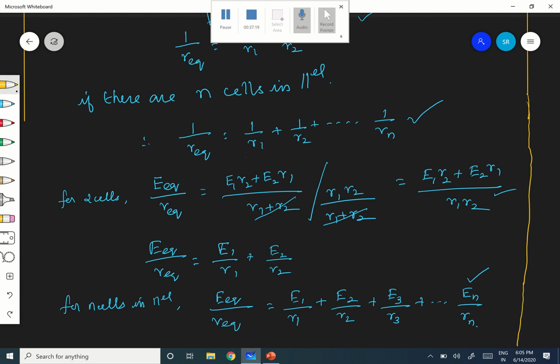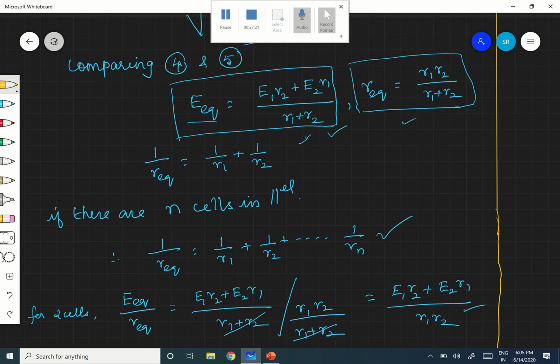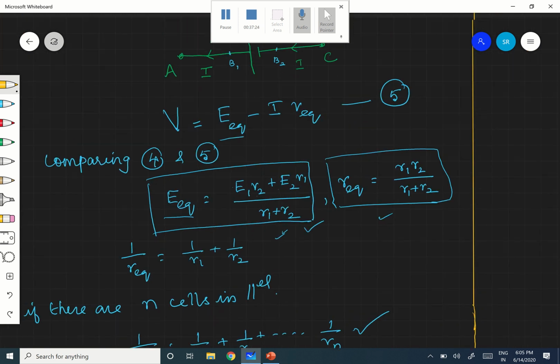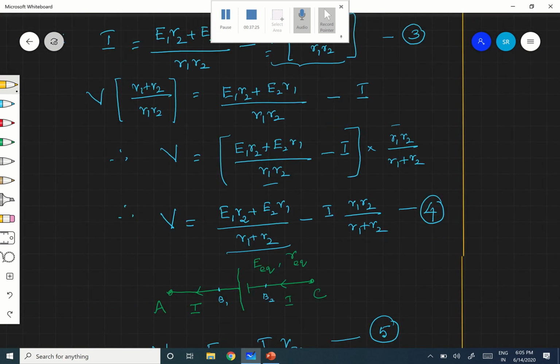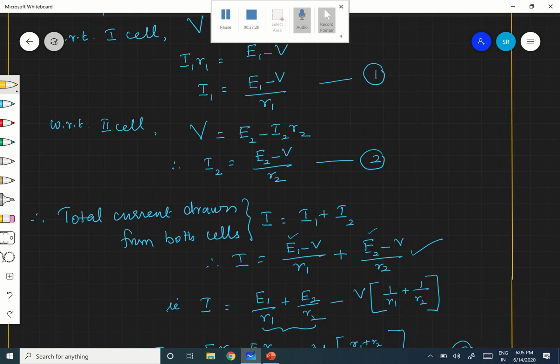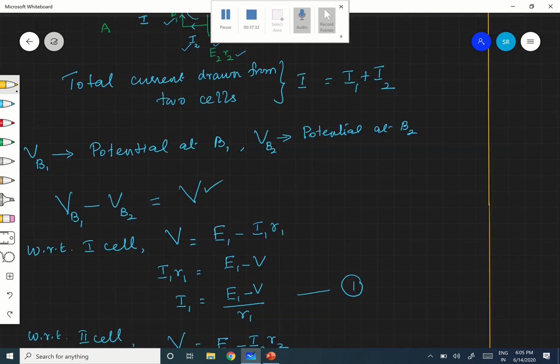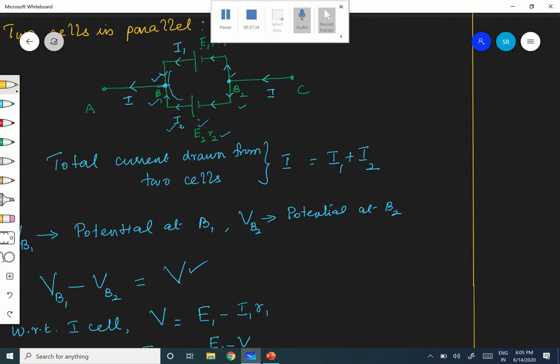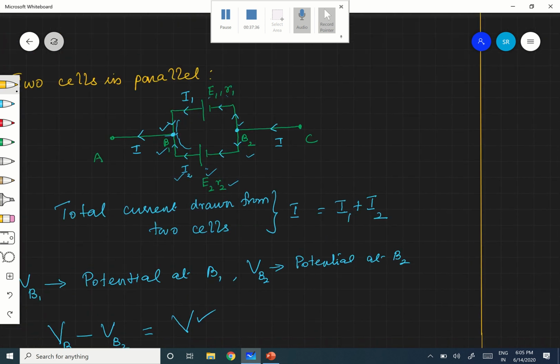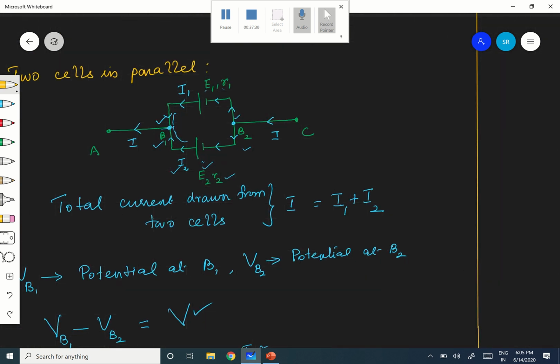Okay, next one is, now see, these are what we have seen so far. It is the 2 cells, but they are actually not identical cells, correct? They are not identical cells, because all are having different EMFs, different internal resistances, like that.